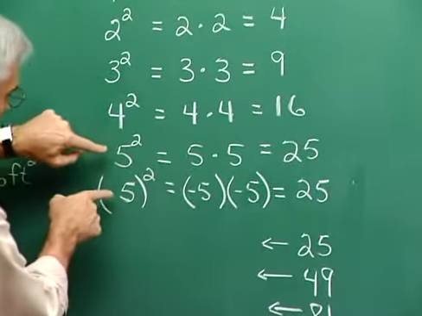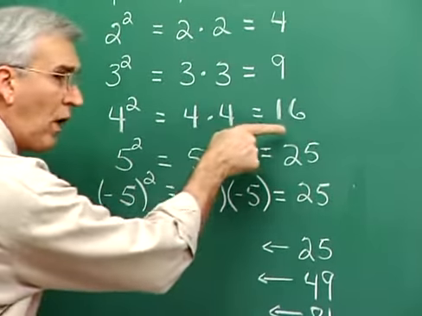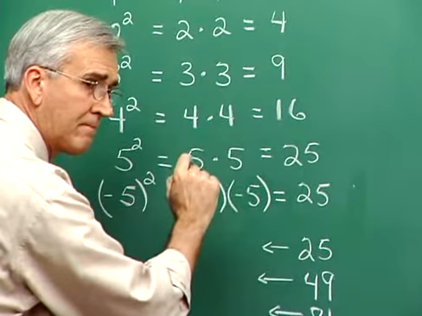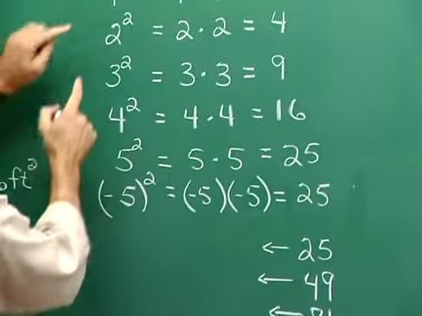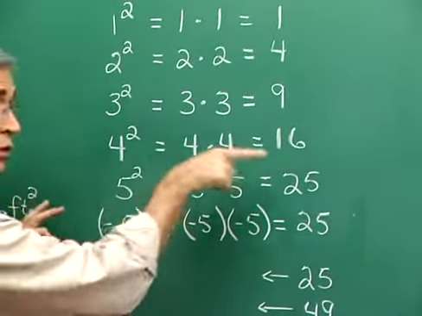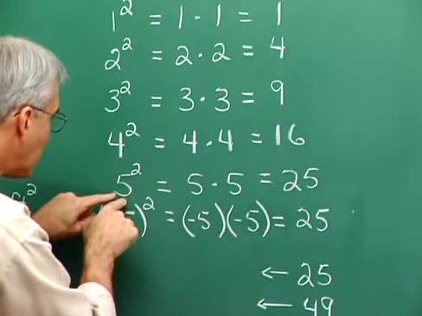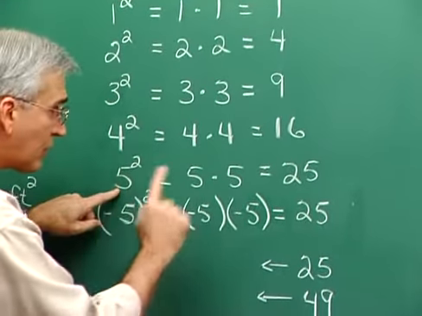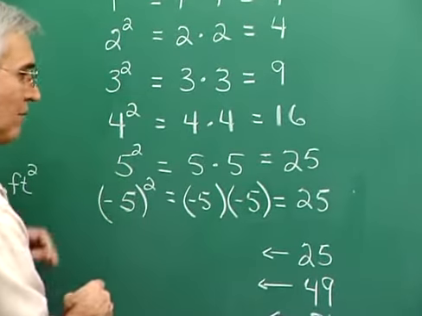The numbers that are over here that are squared to produce these squares over here are called square roots. The bases of these exponents are all square roots of those squares. So 25 has a square root, which is 5. And another square root of 25 is negative 5. So that's how this whole mechanism works.